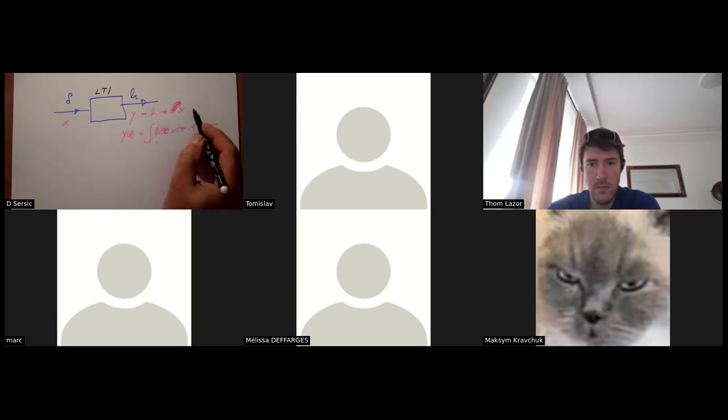It is commutative, so don't care about which one is first, which one is second. This is the symbol of the convolution, the asterisk. The actual realization is such an integral form where the second function is time reversed and shifted to the left and to the right to get the result.